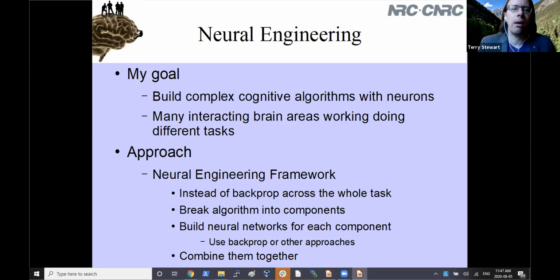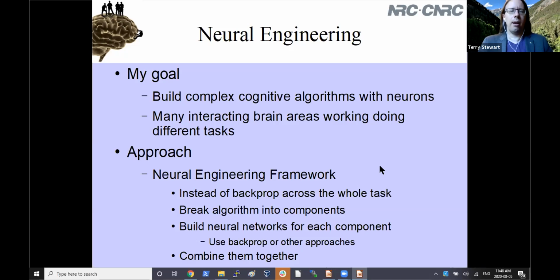Instead, what I'm doing is taking an algorithm that would do the task, or coming up with an algorithm that would do the task, taking that algorithm, break it into components, build neural networks for each of those components. And when I build those networks, I might use backprop, I might use other techniques. But then you've got a whole bunch of different subcomponents you built, and then you combine them all together to make your one giant model, and that's what does the task itself.